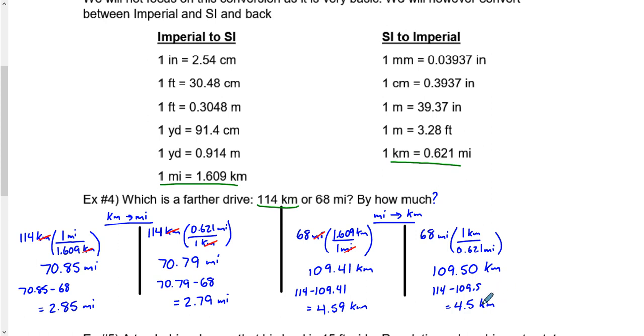So again, just like over here, it would not matter to me whether you say it's 4.59 kilometers farther or 4.5 kilometers further. Both of them, as long as you're showing your work, you're going to be set. You're going to be fine. Again, the only reason why they're different is because it's not using all of the decimal places.